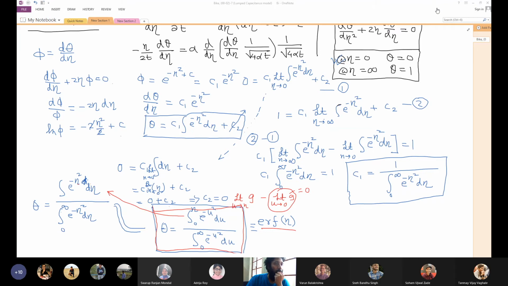So you'll find the error function table at the back of your textbook. We'll solve a problem that needs the error function table.